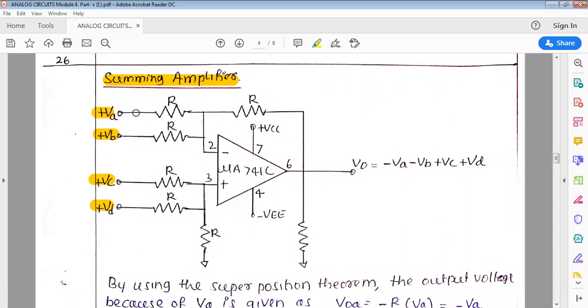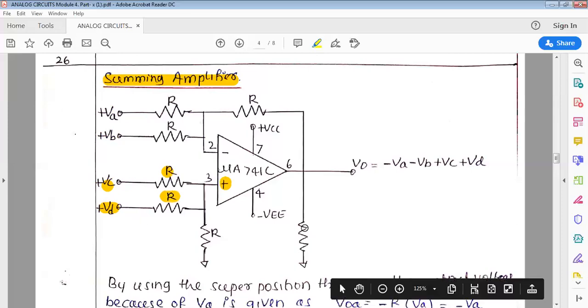VA and VB are connected to the inverting input terminal through these resistances R and R, and the two power supplies plus VC and plus VD are applied to the non-inverting input terminal through R and R. The load resistor is RL, so I have just skipped here. This is nothing but the load resistor RL, and this is the feedback resistor R.